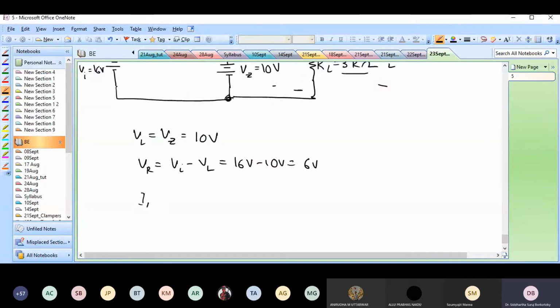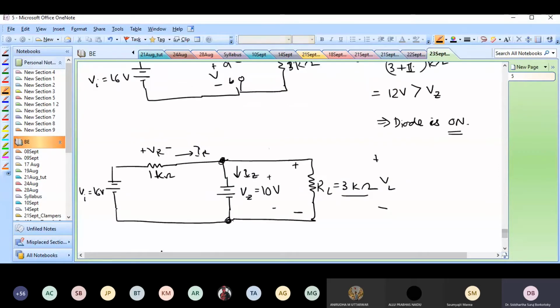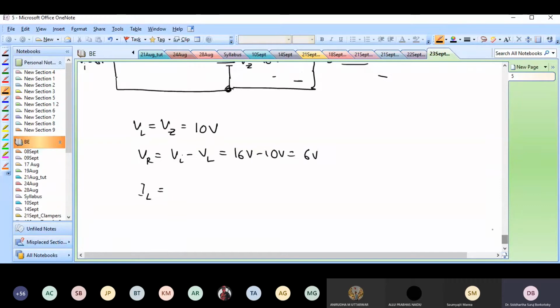Then what is IL? IL was the load current, this current. IL would be the load voltage divided by load resistance. This is a standard electrical engineering equation. 10 volts divided by 3 kilo ohms is 3.33 milliamperes. Next, what is IR?